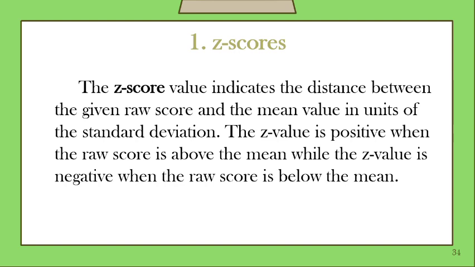And the Z-score value indicates the distance between the given raw score and the mean value in units of the standard deviation. The Z-score is positive when the raw score is above the mean. Kapag nasa right side yung raw score mo, ibig sabihin positive yung Z-score mo. And kung nasa left side naman siya, then it is negative.